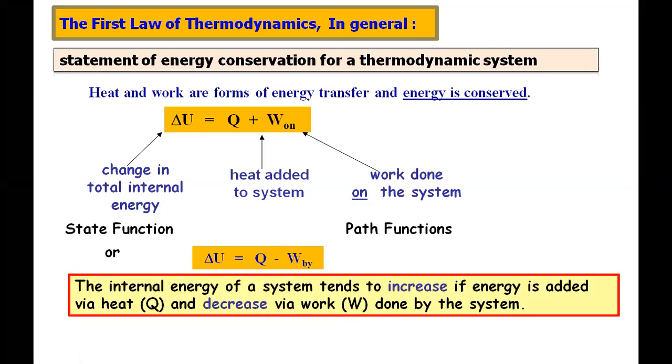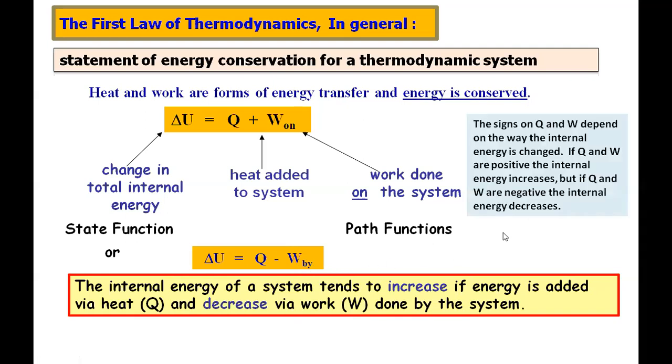The internal energy of the system tends to increase if energy is added via heat Q, and decrease via work done by the system. So work done by the system is negative, and the internal energy will decrease.